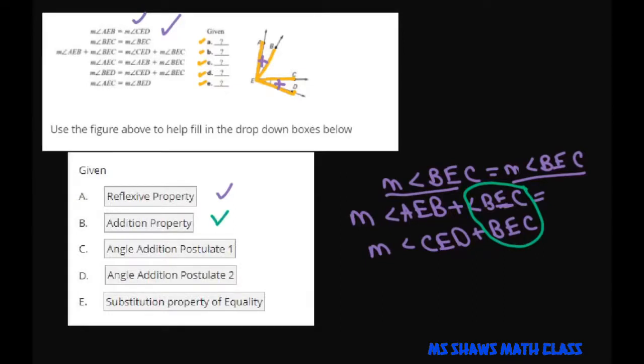And then for C, it says measure of angle AEC. Where is that? Measure of AEC and this is this one, whoops, equals measure of angle AEB plus BED.